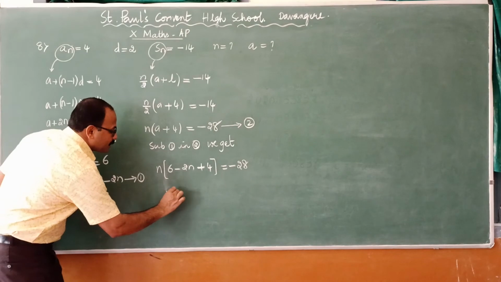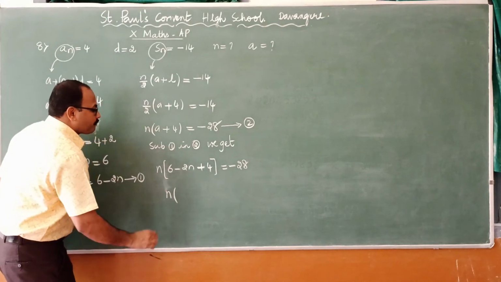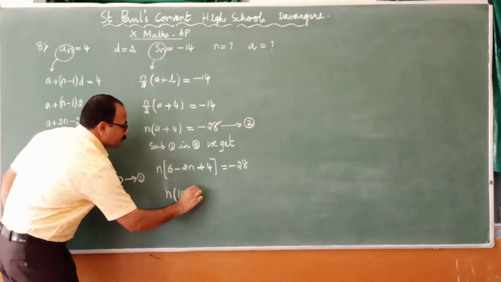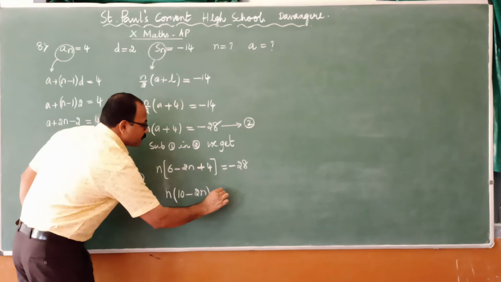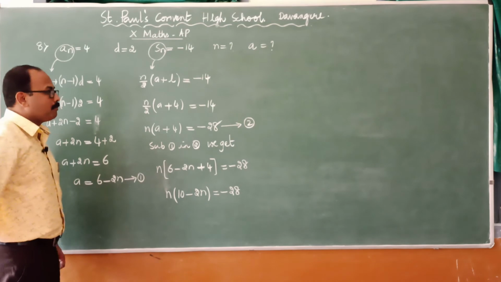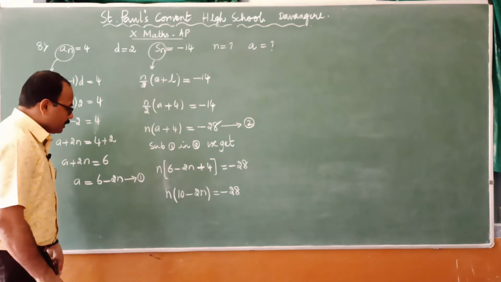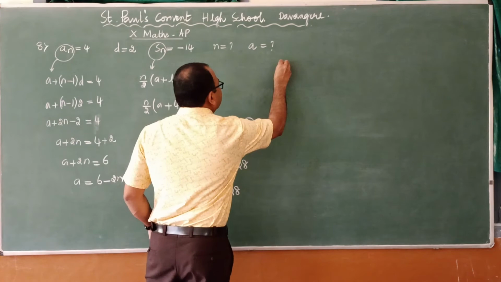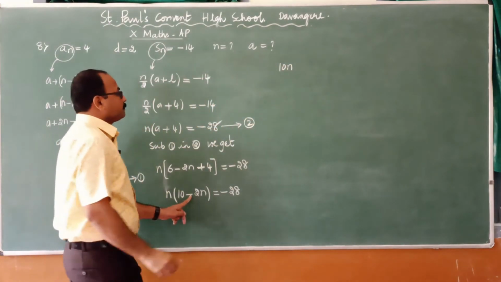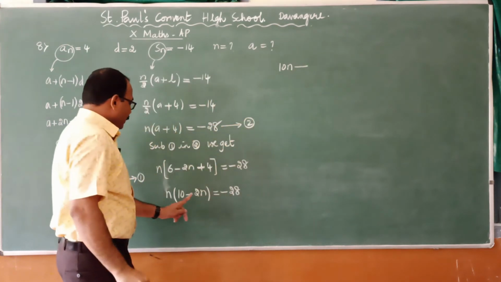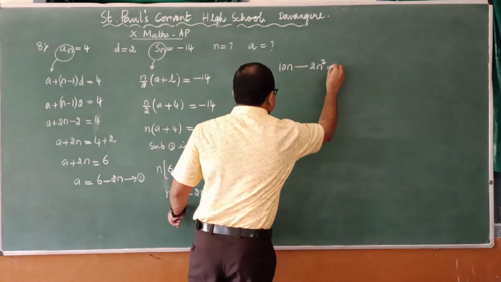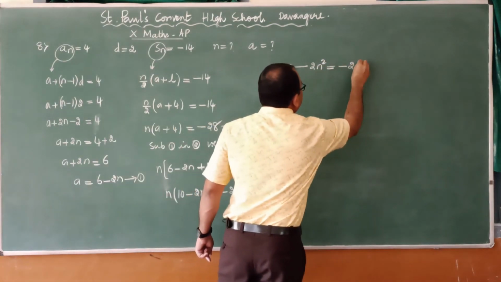On simplification, n into (6 plus 4, which becomes 10, children) minus 2n will be equal to minus 28. This is multiplication of a binomial with a monomial. It will become n into 10 is 10n, and minus 2n into n becomes minus 2n square, which is equal to minus 28.